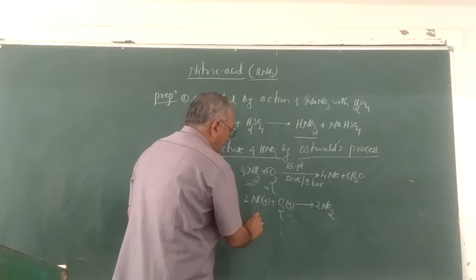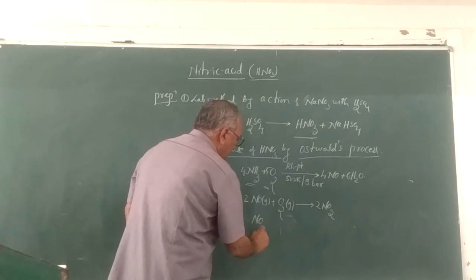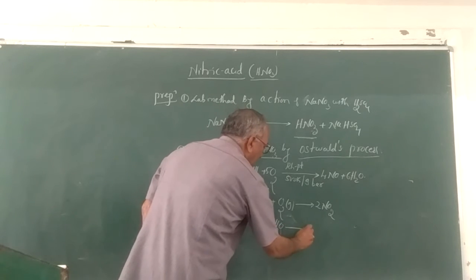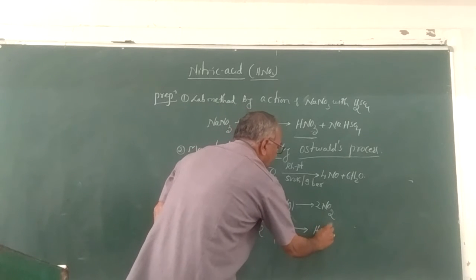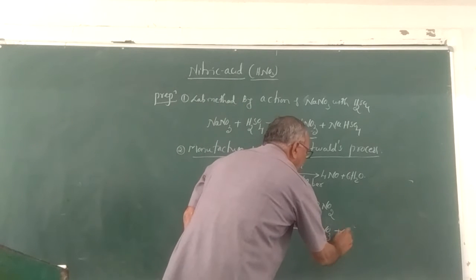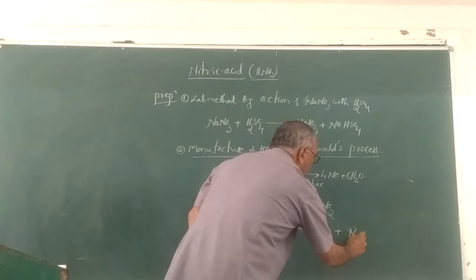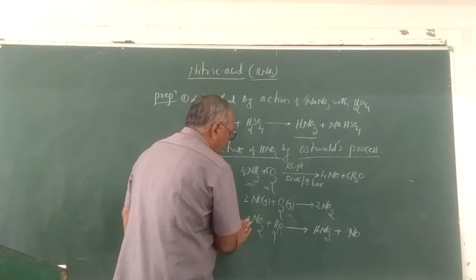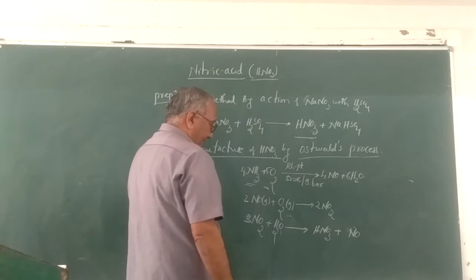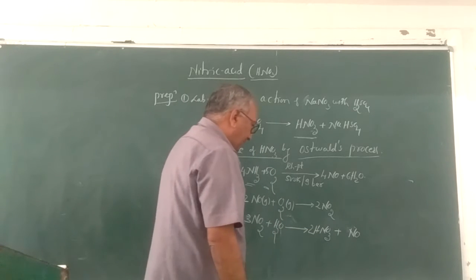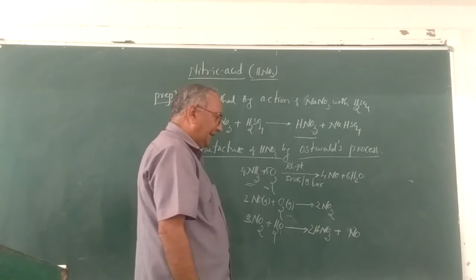The nitrogen dioxide so formed is absorbed by water, forming droplets of nitric acid along with the generation of nitric oxide.